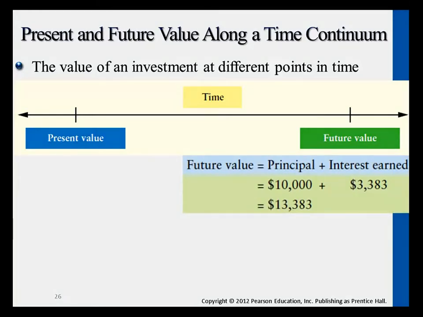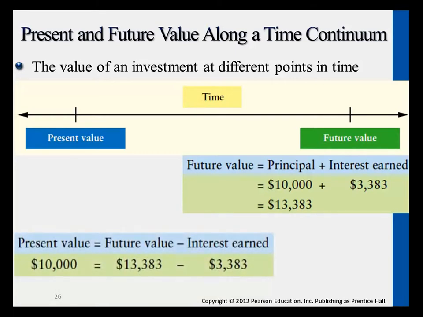Our future value is in fact the principal, whatever is invested as a principal, and whatever interest was earned. So how do I find the present value? I take my future value and I subtract my interest earned. So your present value is your principal.